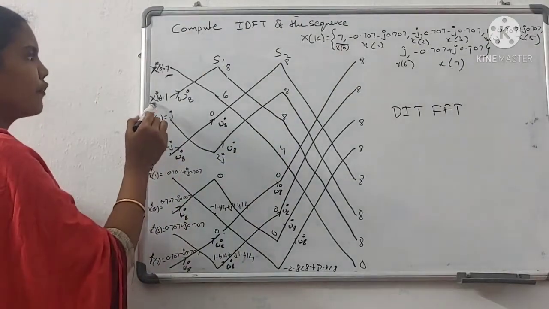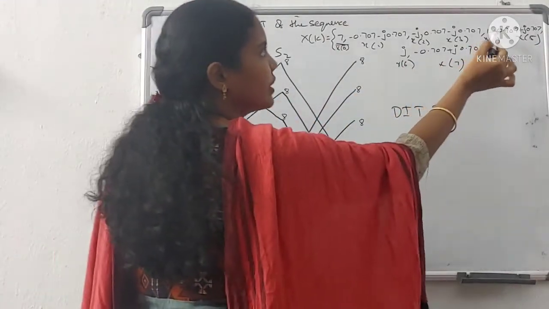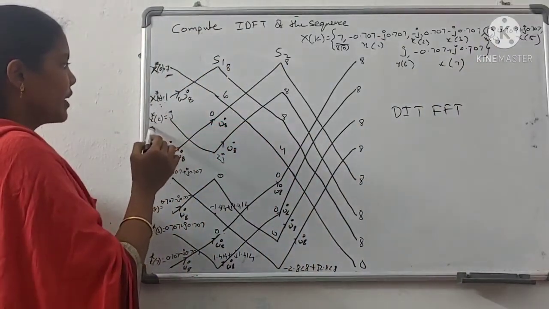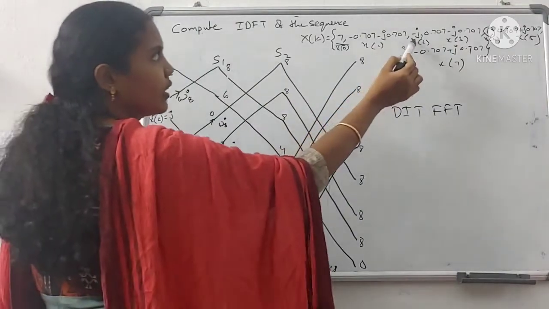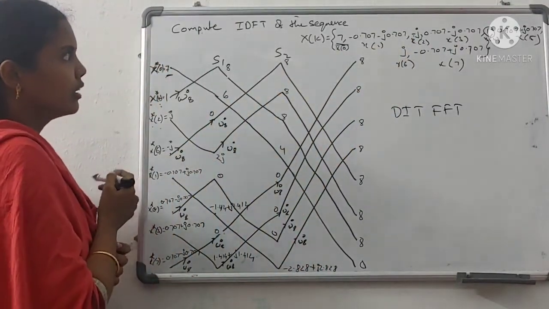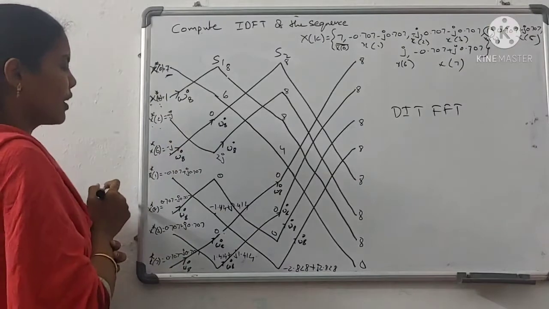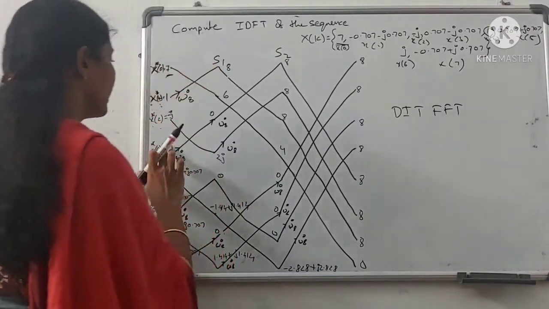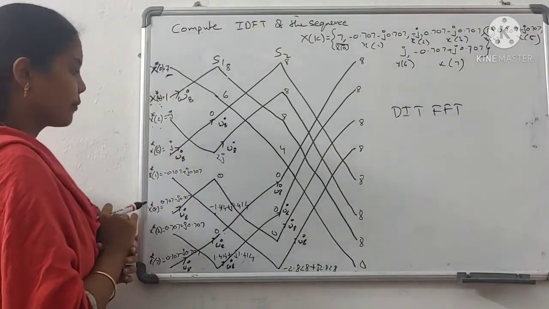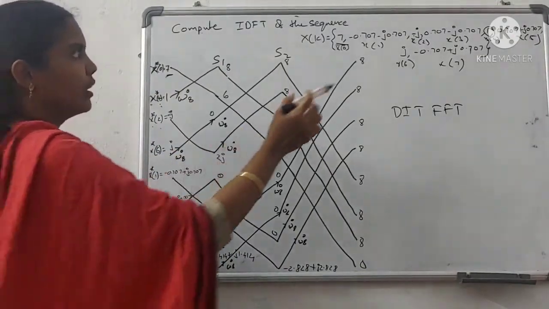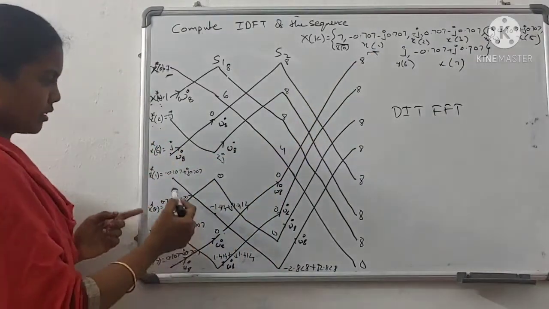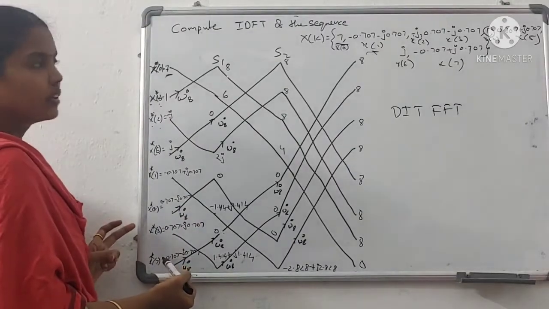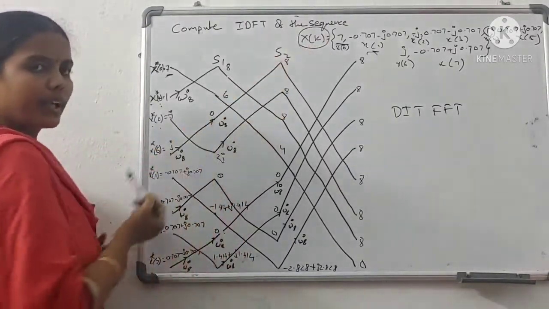For x of 4, what is the value? 1. X of 2 is j. X of 6 is j. And x conjugate of 1, this one. Okay, so write the bit reversal order by using the sequence x of k.